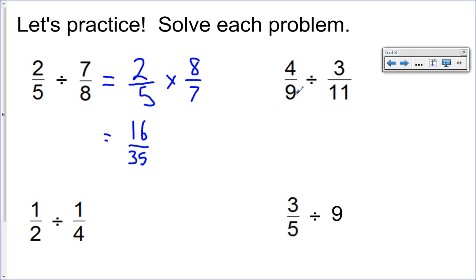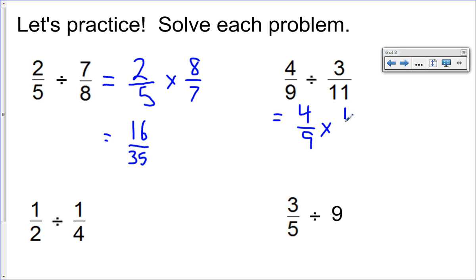Okay, looking at the second example, I'll keep the 4 over 9. I'll change that division to multiplication.